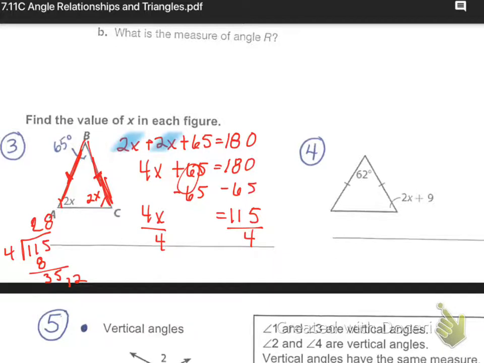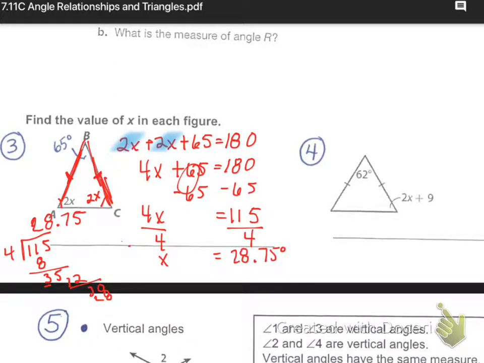I'm running out of space. 4 goes into 30, 7 times, 7 times 4 is 28. Alright, so after all that divides out, we get 28.75 degrees.